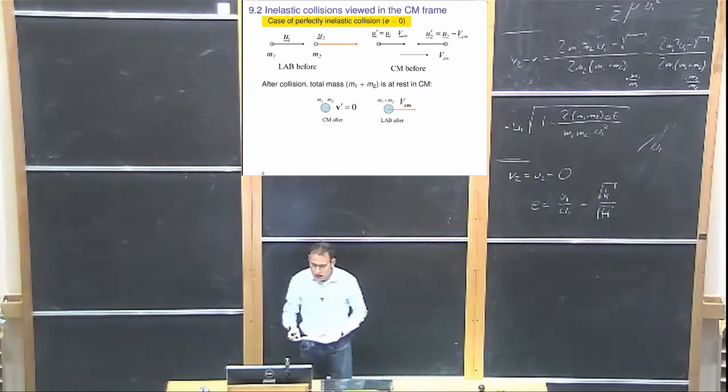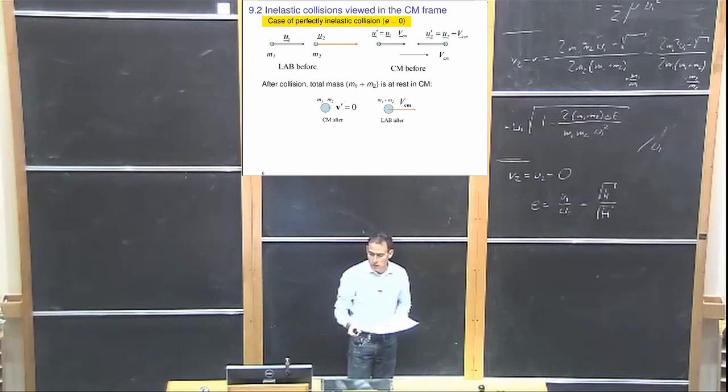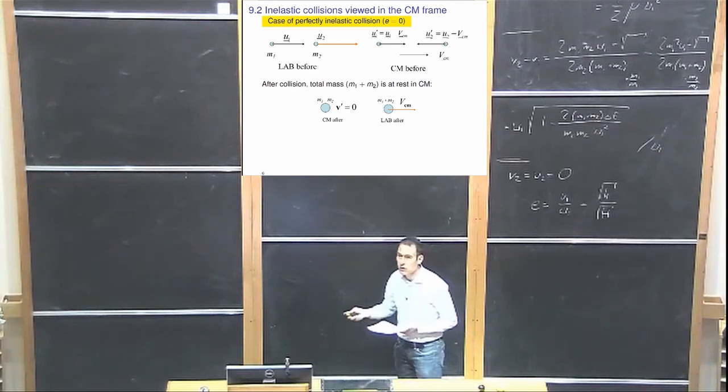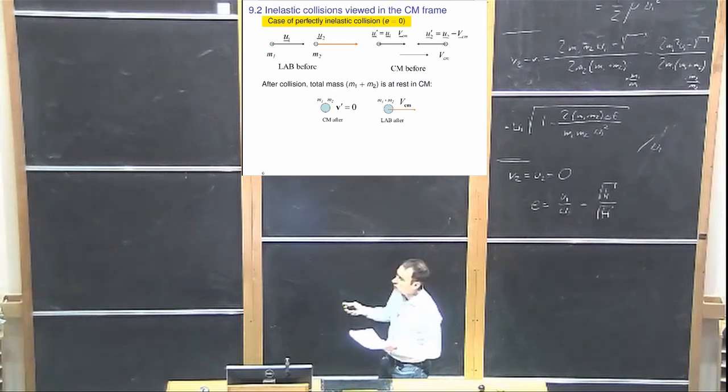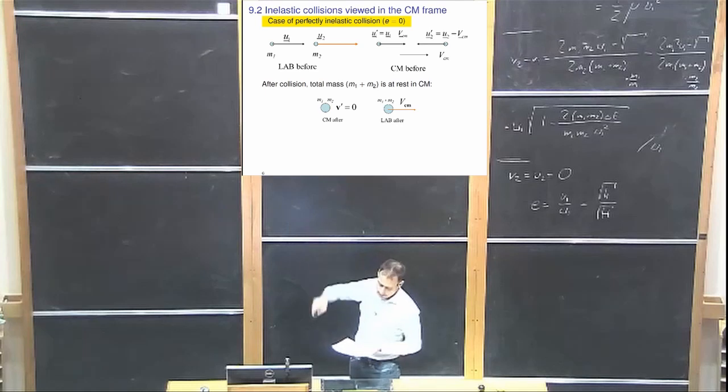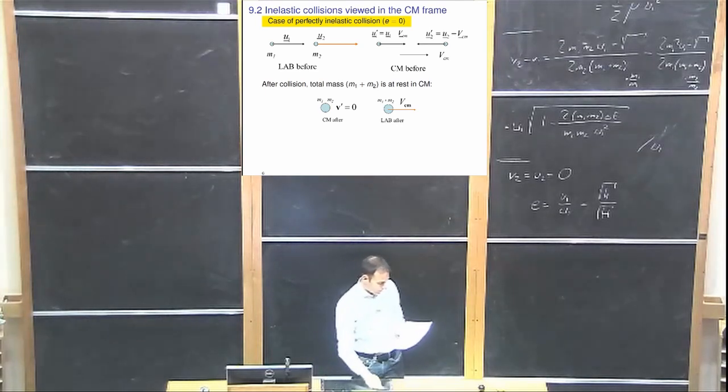And this is really useful and important to remember: in the center of mass frame the overall momentum is zero. The only way the overall momentum of a single body can be zero is if that single body is at rest.